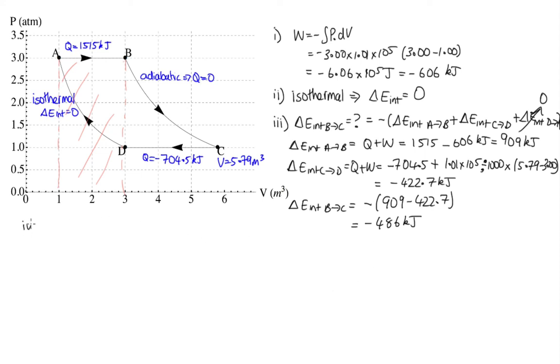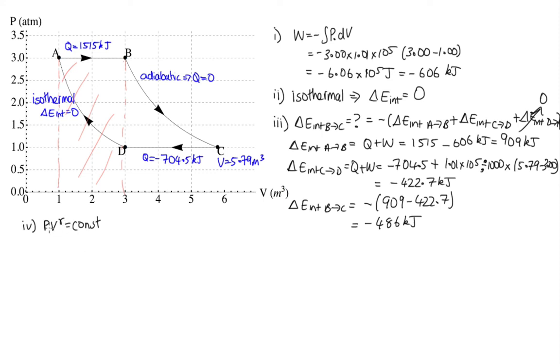The 1131 question then has write down an equation relating P and V as the system goes from B to C. So B to C is adiabatic, so we know that PV to the gamma is equal to a constant, and we're asked to calculate as many of these constants as possible.